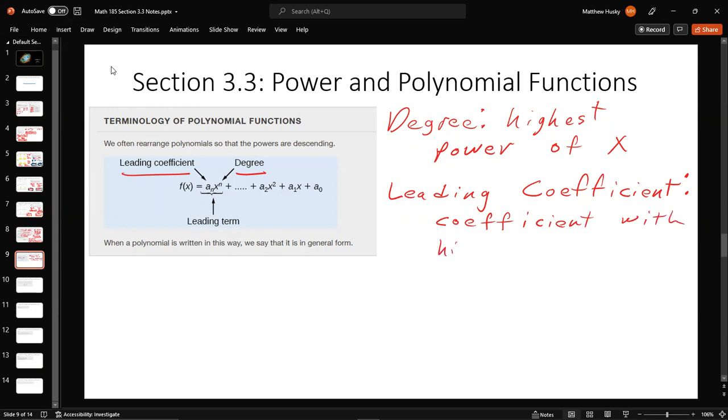And the reason it's called the leading coefficient is if you write it in the proper way, where the highest power is in front, it's the leader. If you write it so the highest power is in front, then the leading coefficient will be the leader because it's the one that's in the front. Okay.